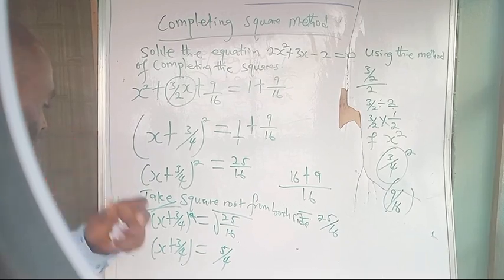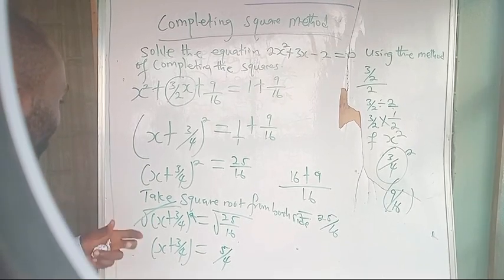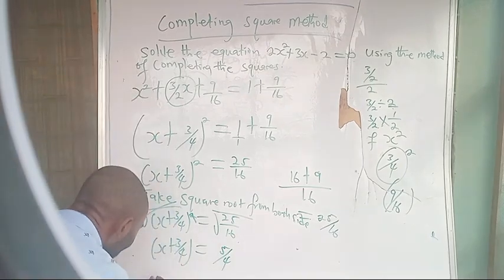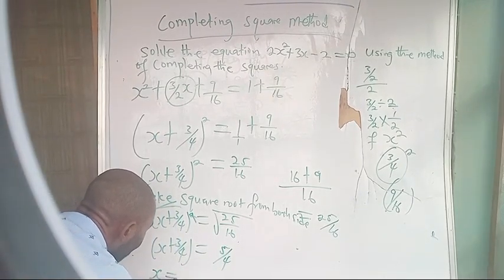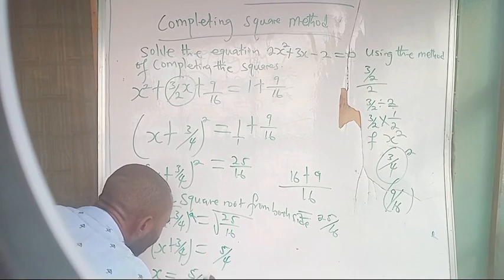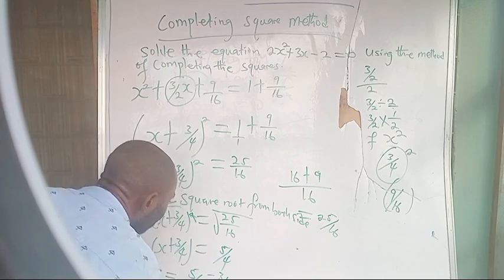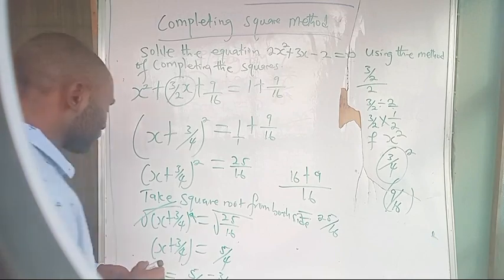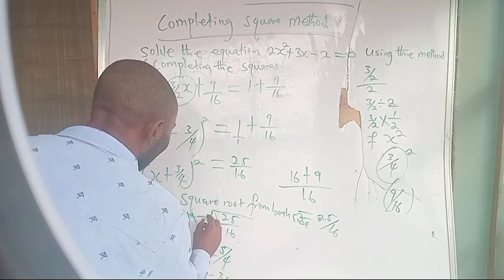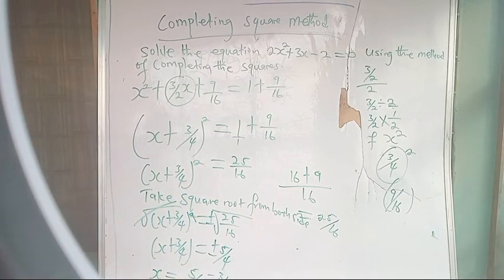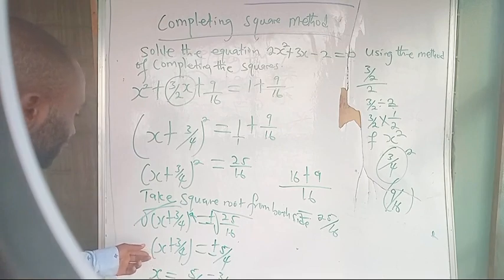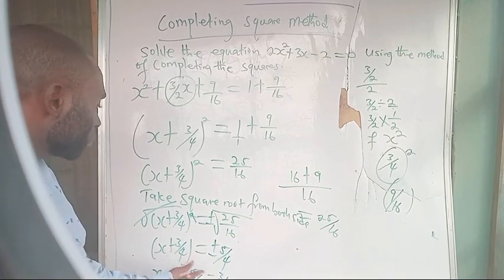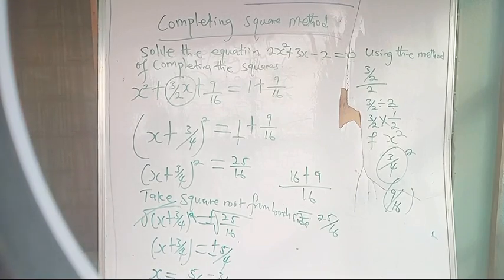Now, since we have taken the square root from both sides, we now have x is equal to 5 all over 4 minus 3 all over 4. Why? As I explained before, it's plus or minus. Taking this 3 all over 4 plus sign to the other side, we change it to a minus sign.